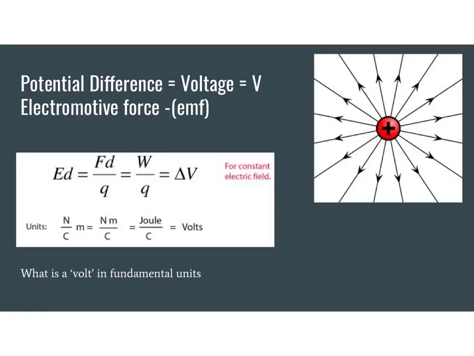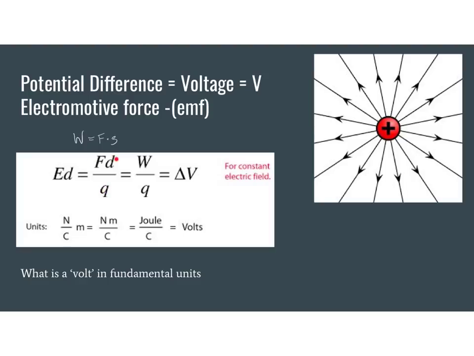So how is all this defined? Okay, what we saw already is that force, or work done, I might just write it back up here, that the work done was equal to force times displacement. And so in this particular case here, if we take the strength of the electric field and we multiply it by the distance, what we get is force times distance over Q, because the electric field is equal to force over the charge.